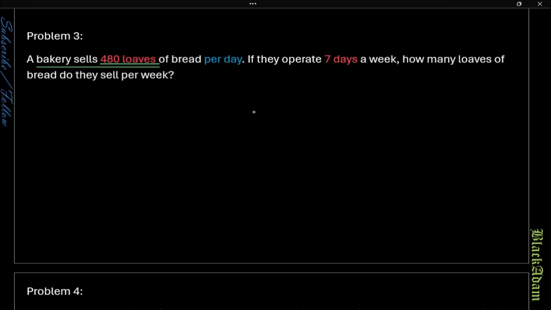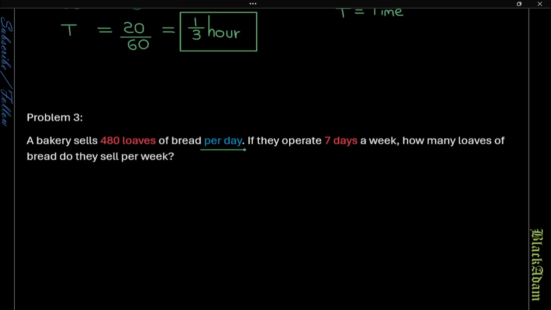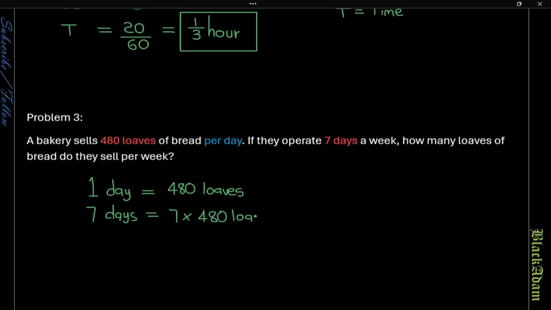And the next question, a bakery sells 480 loaves per day, and once again we have 1 day. 1 day gives us 480 loaves. And then 7 days, and that means we're going to have 7 times 480 loaves.